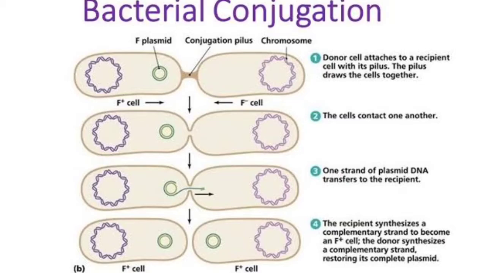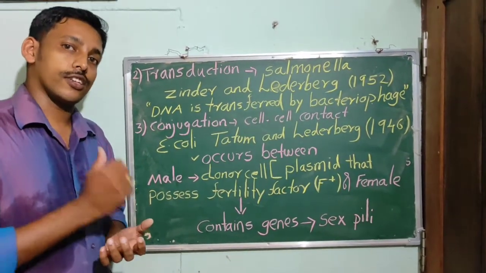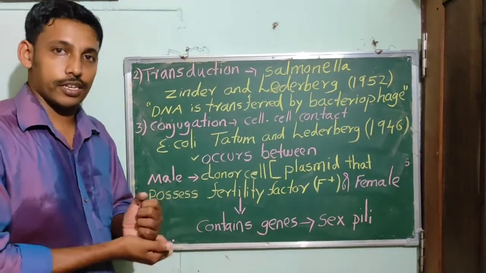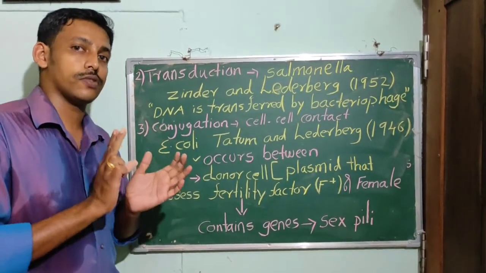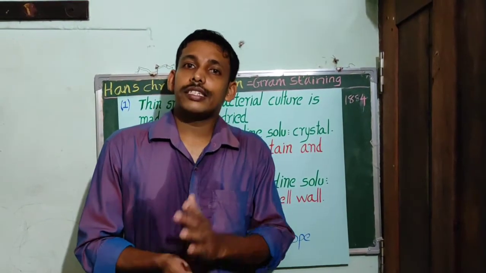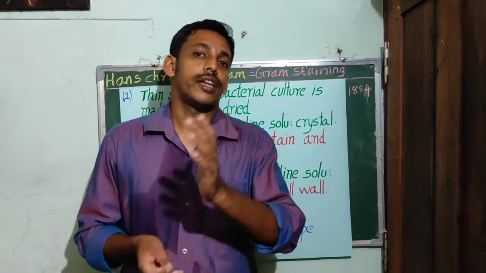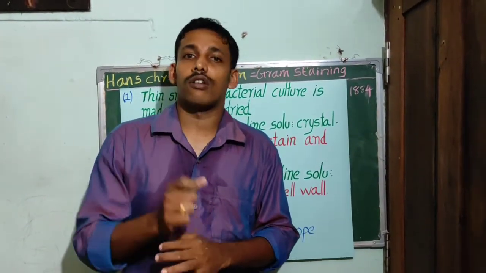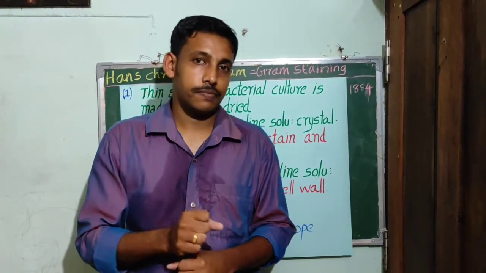Now let's see the two types of bacteria. One is gram positive and the next one is gram negative bacteria. Let's see the difference between these two types. Bacteria are classified into gram positive and gram negative based on their reaction with gram stain.